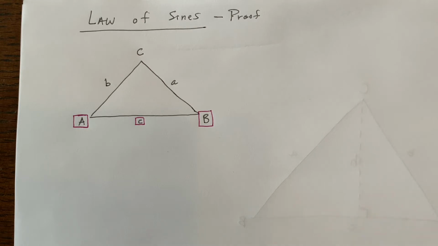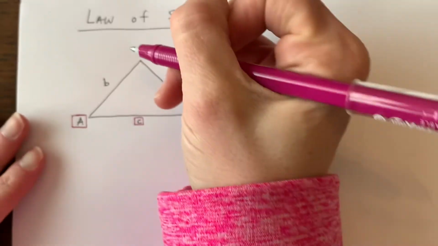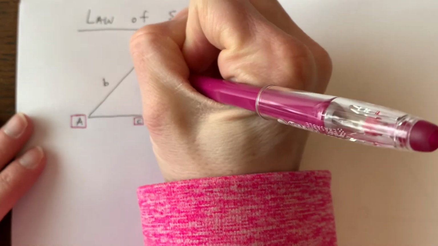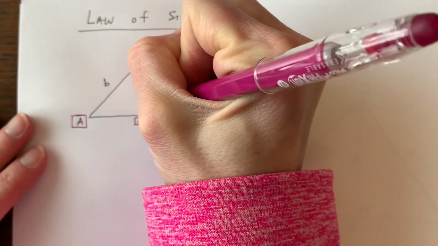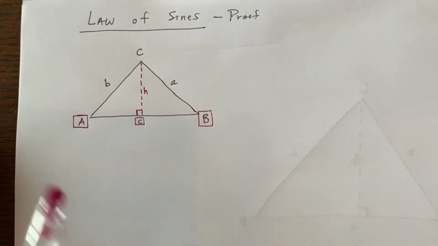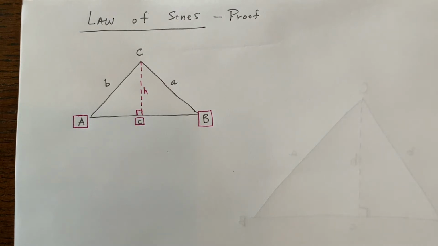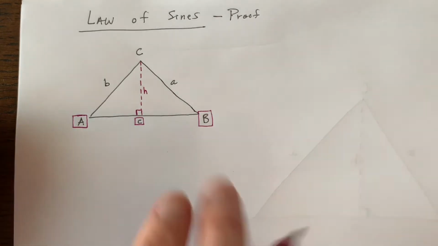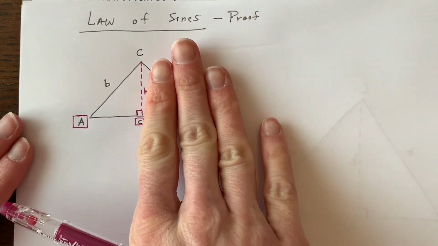Well, keep in mind, the only thing that we've really talked about up to this point are right triangles. So just as I did with area, I'm going to draw in my height so that this can create two right triangles, okay? The height is key to coming up with the law of sines, okay?